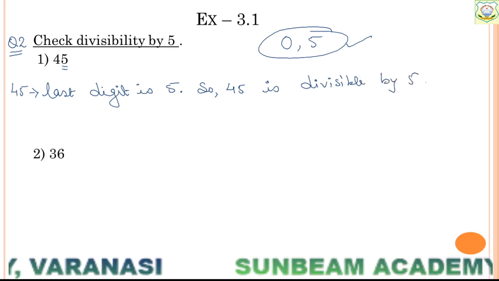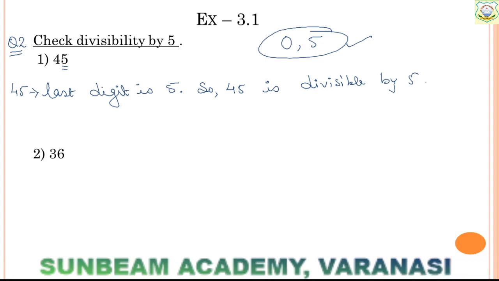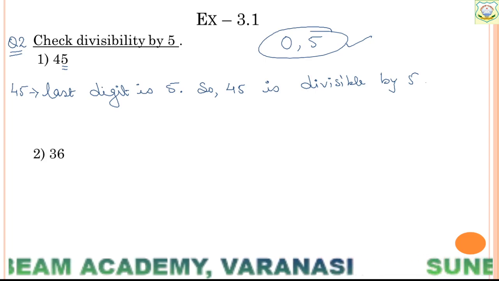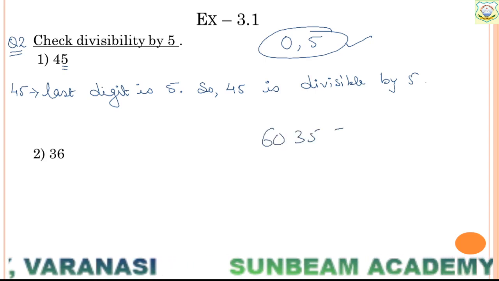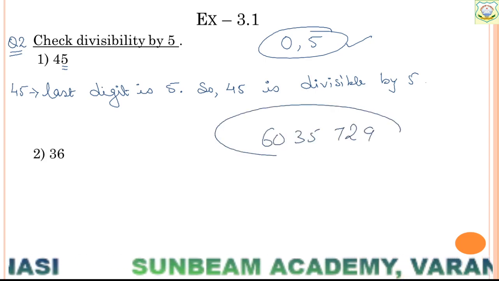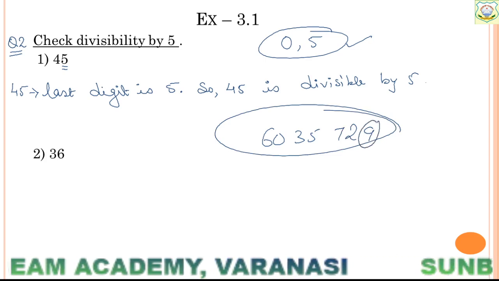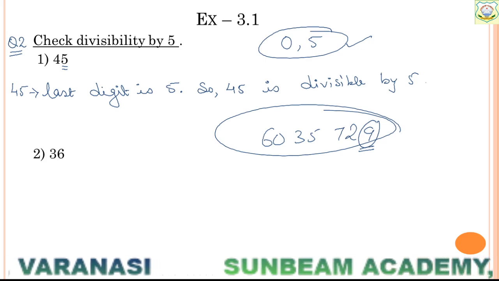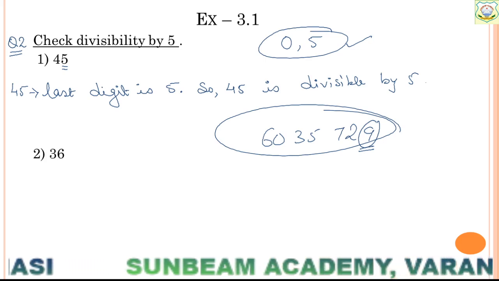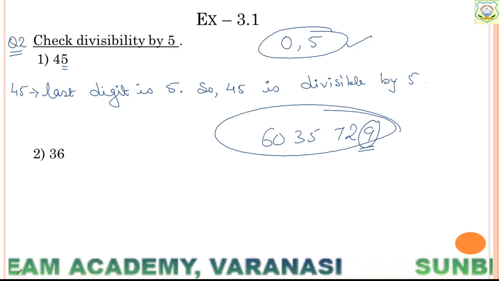Clear? Isn't it very easy? If you have learned the rule, then you can do any number. For example, there is a number 6035729. So just simply what you have to do is check the ones place and you can tell whether the number is divisible or not. Isn't it easy? So now we have to do the next one.